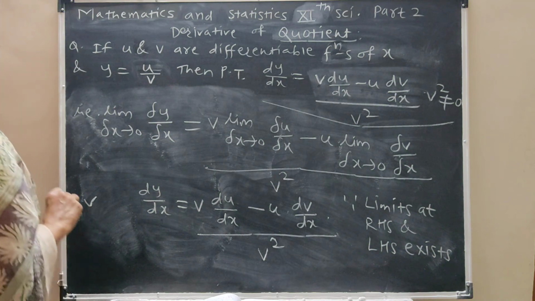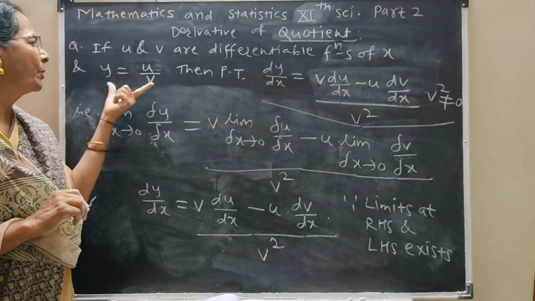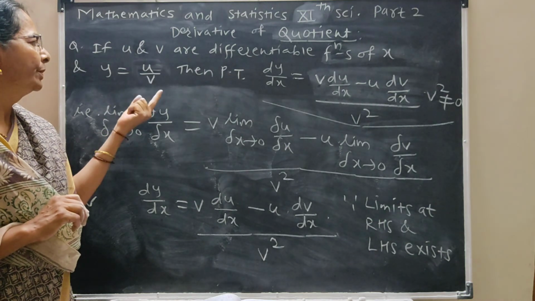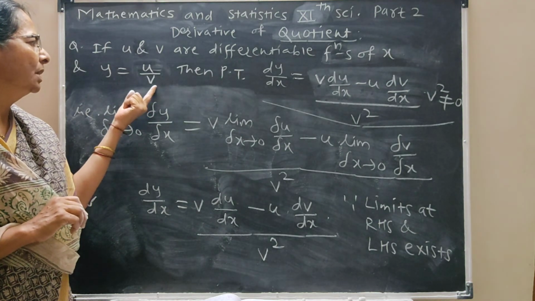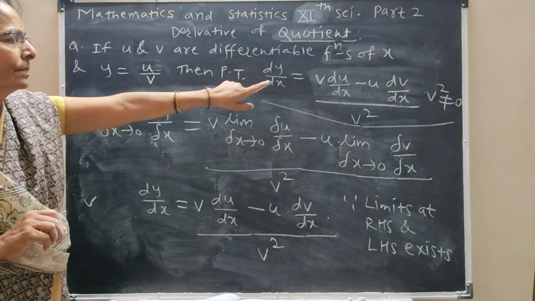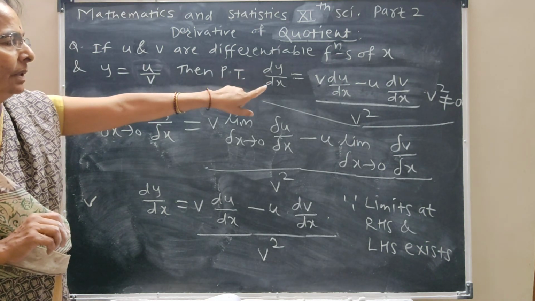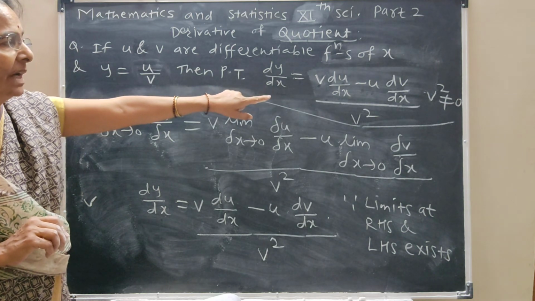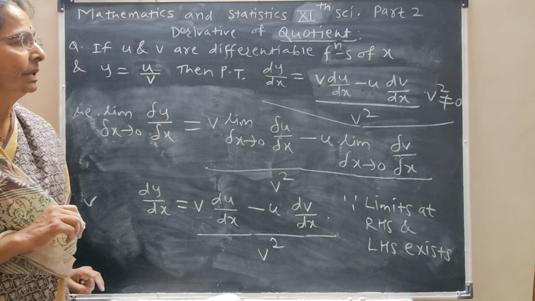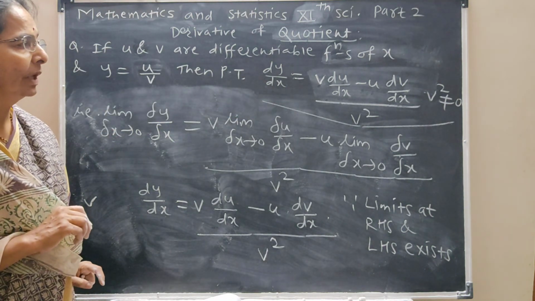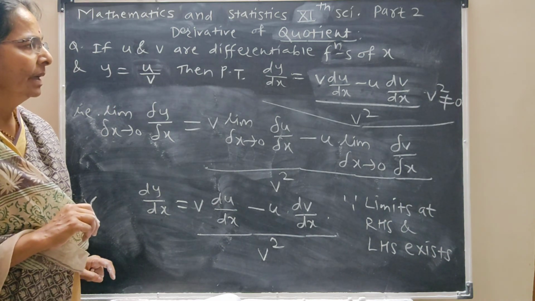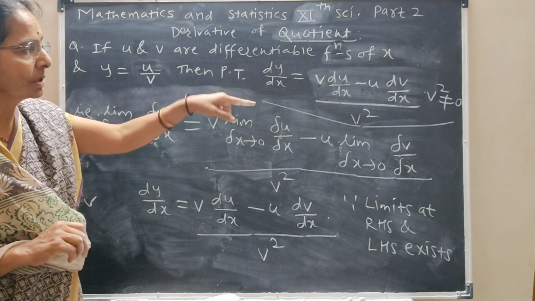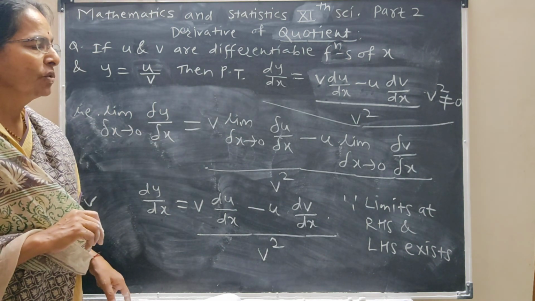Quotient rule: remember, when there is division of two functions, numerator take function u, denominator take function v, put u, v properly, and take derivatives respectively. And next point, the derivatives of functions, actual formulae.